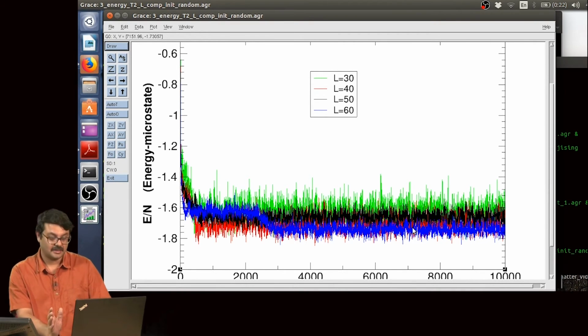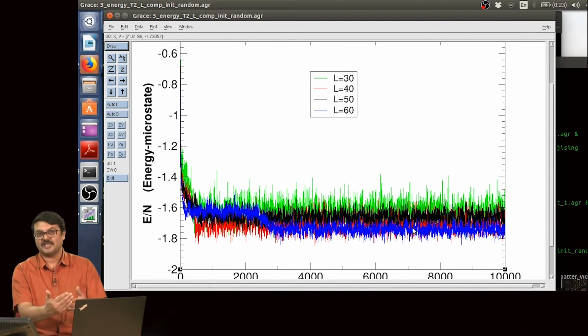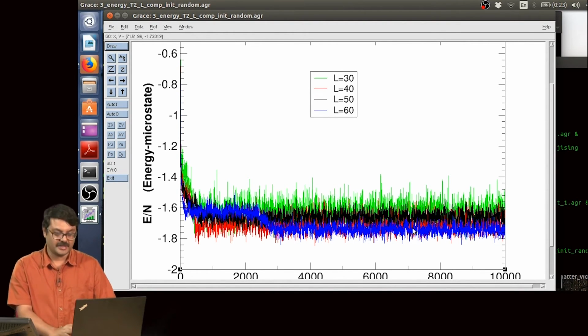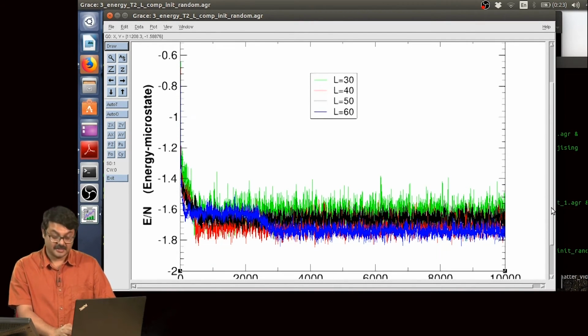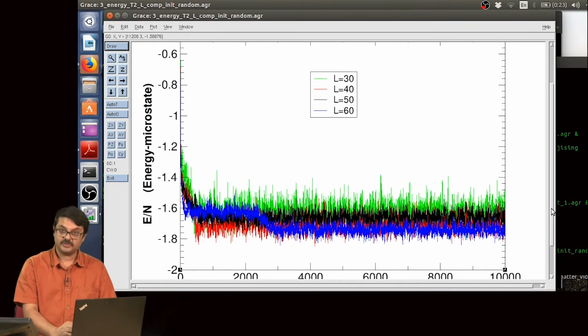Question is why? We are talking about the same system. On an average at temperature T equal to 2, an equal number of spins should be pointing up or down, and it should not depend upon the lattice size, but there are lattice size artifacts, and we will discuss this in future, and we discussed that in the past.